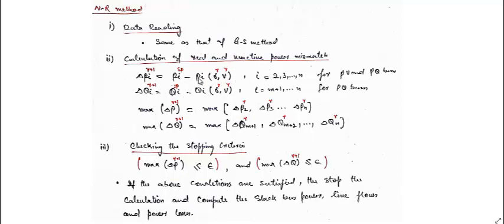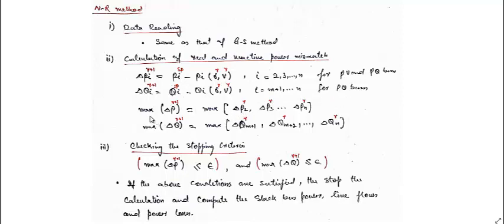So here i will be equal to 2 to N for all PV and PQ buses. Delta Q will be equal to Qi specified minus Qi as a function of delta and V, and here i will run from M plus 1 to N, that means for all PQ buses.